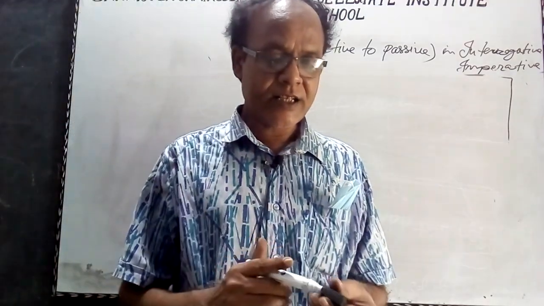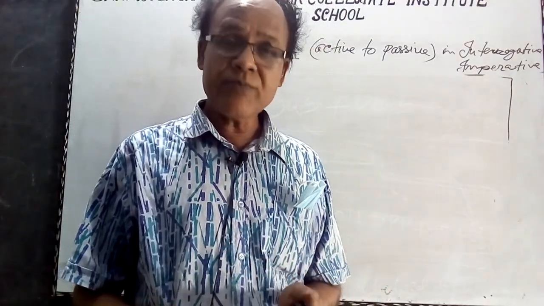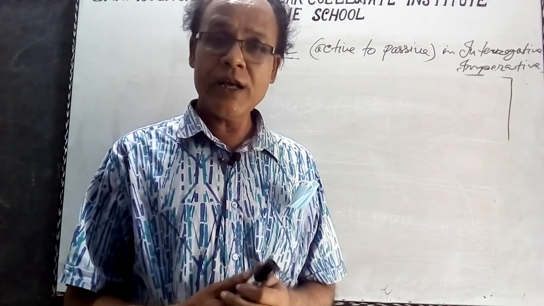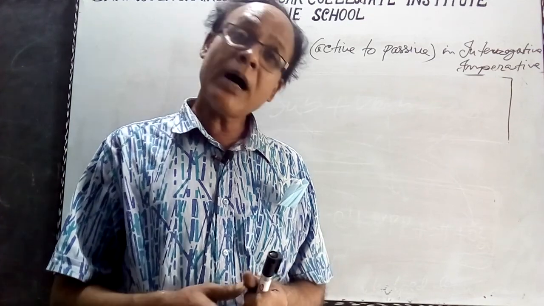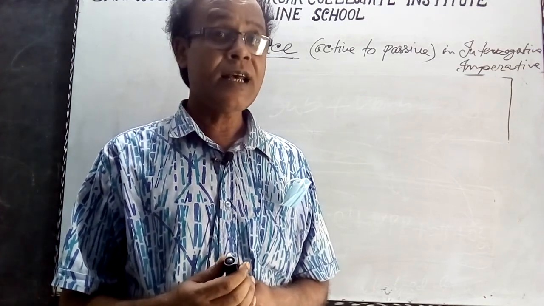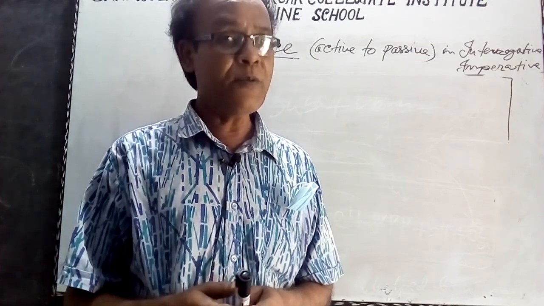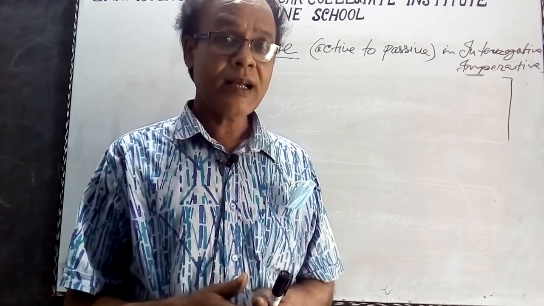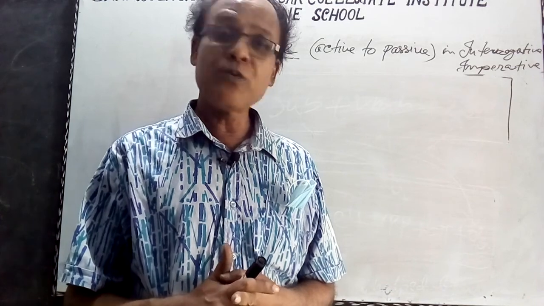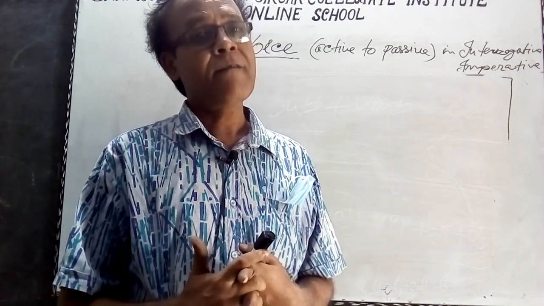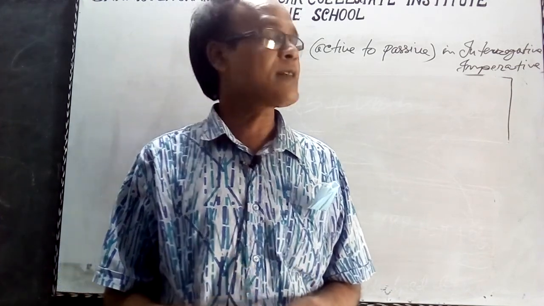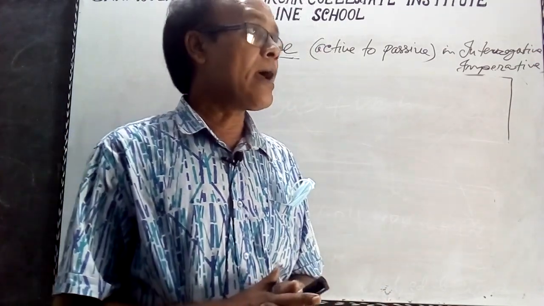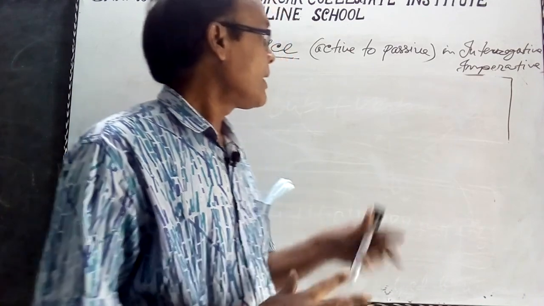If the sentence is in the active voice and is an interrogative sentence beginning with a WH word, then we must begin with the WH word and then the helping verb according to tense, then the object will be the subject and the main verb will be in the past participle form, then by plus the subject.